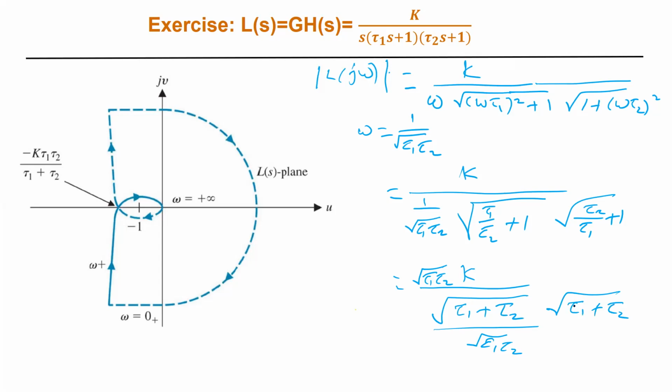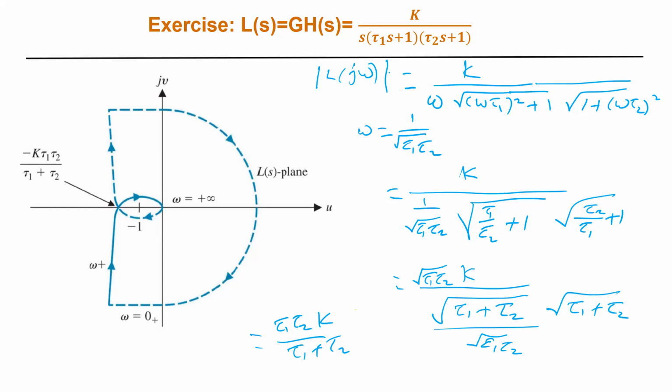So this will go together, and the tau 1 will go up, so we'll have K tau 1 tau 2 over tau 1 plus tau 2. And this is basically what we have in here. This is the magnitude. So this is the point.